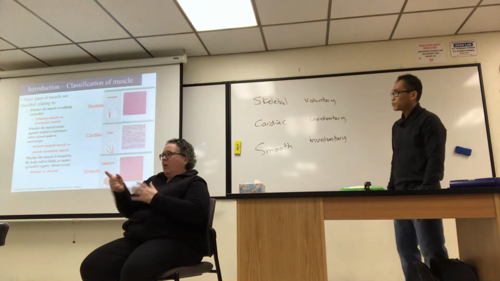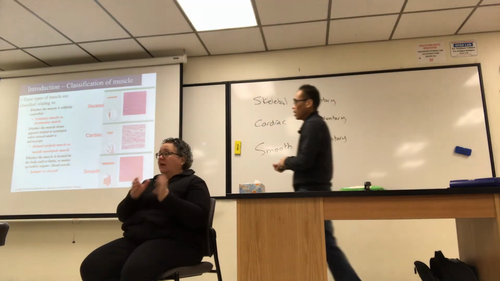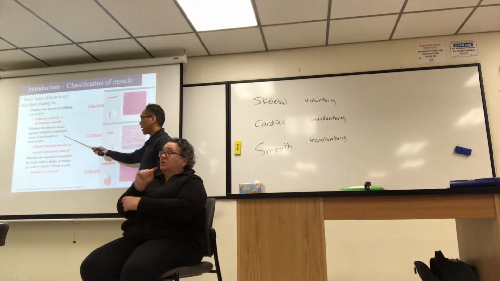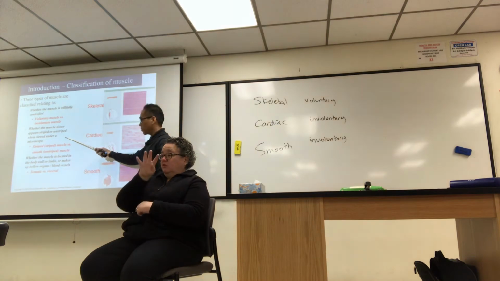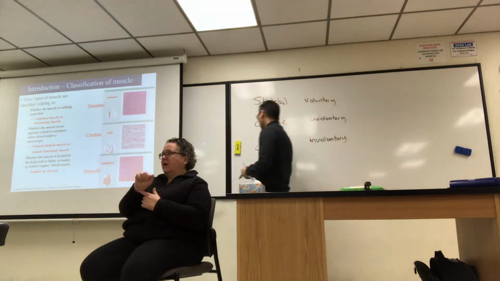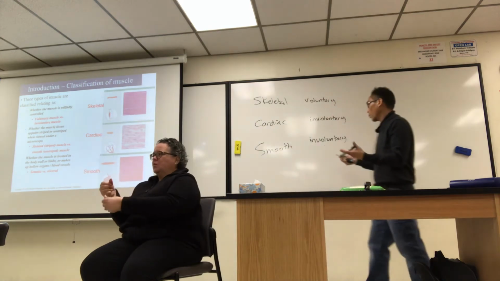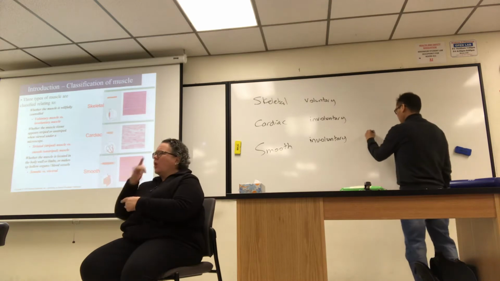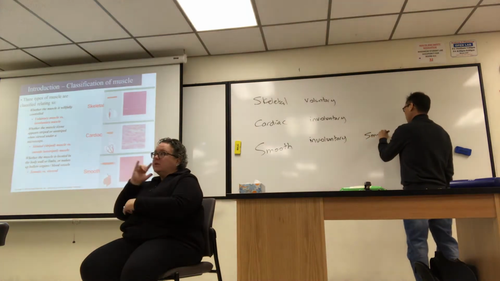Okay. You can categorize muscle by whether the muscle tissue appears striped or unstriped when viewed under a microscope. So the word for striped is striated, or smooth. So smooth muscle is named for its appearance under the microscope. It appears smooth, not striped.